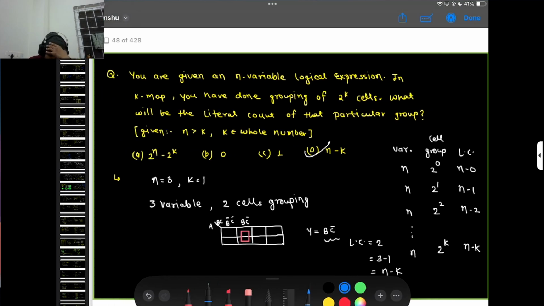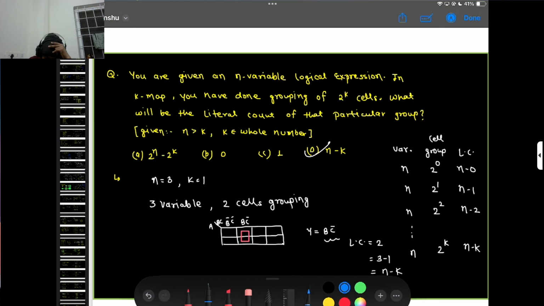Okay, this is the problem. You are given an n variable logical expression in K-map. You have done grouping of 2 to the power k cells. What will be the literals in that particular group, given n greater than k and k is a whole number? So n equal to 3, n variable.